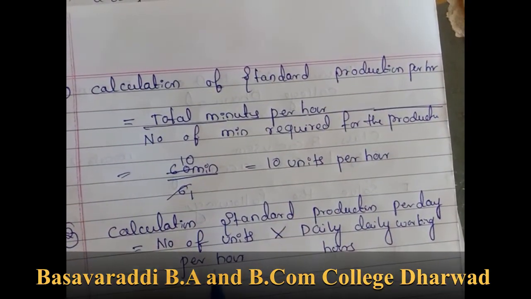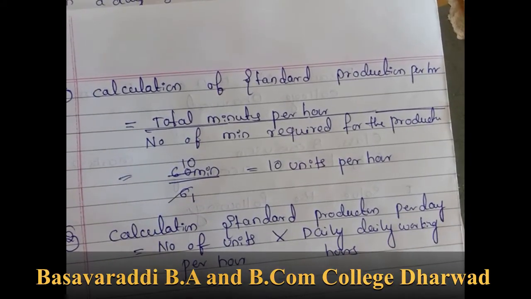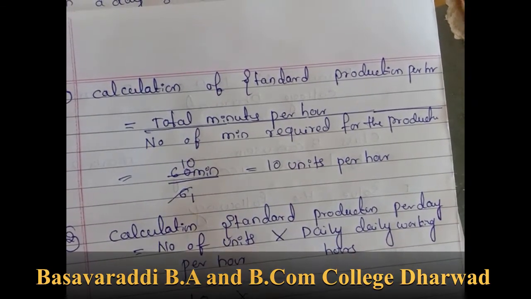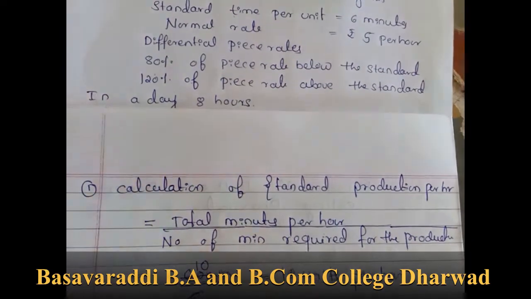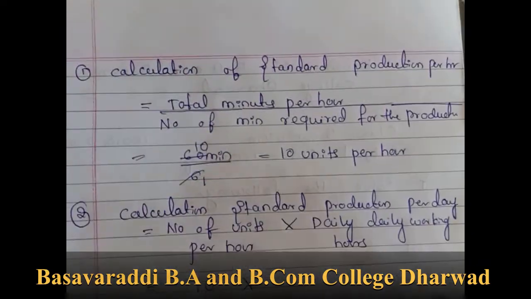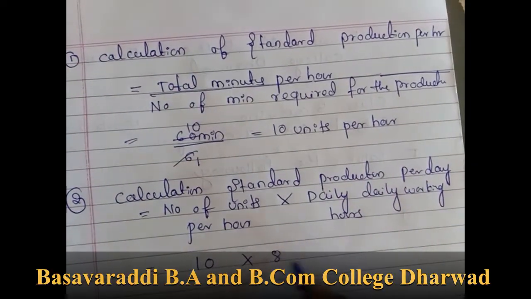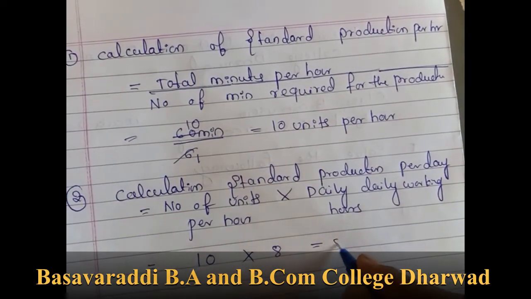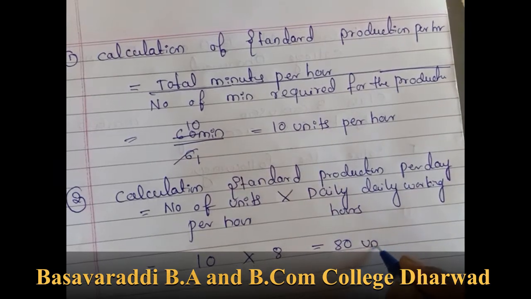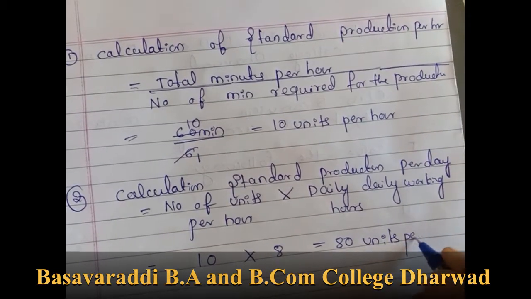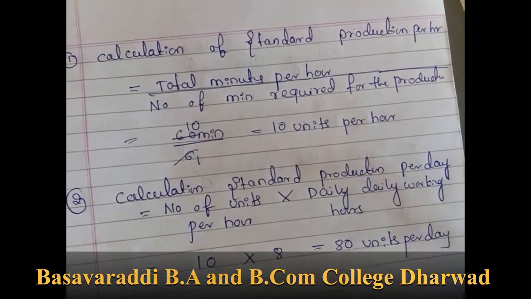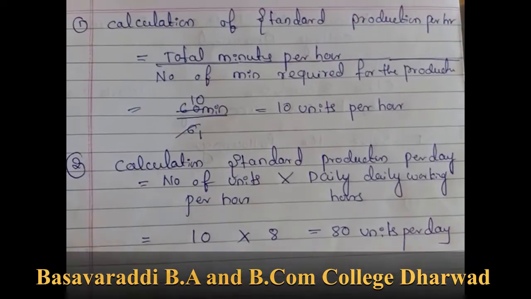Number of units per hour is 10, already calculated in working note number 1. Daily working hours 8. 10 into 8, 80 units per day.